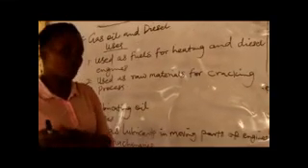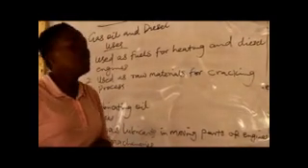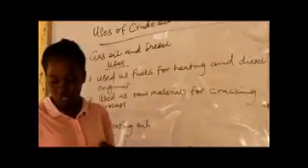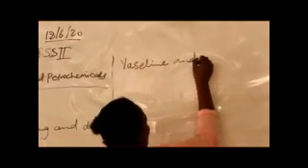So Vaseline belongs to the solid group. This lubricating oil has a liquid and a solid group. Vaseline and the paraffin wax belong to the solid group, which I will now tell you what they are used for. Vaseline, some of you rub it at home.